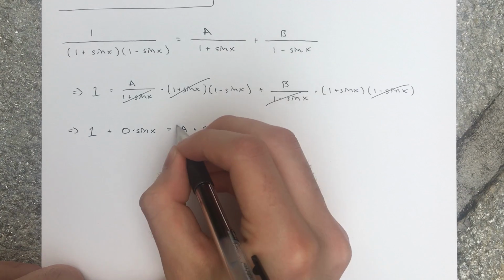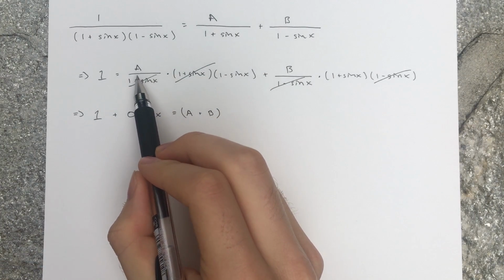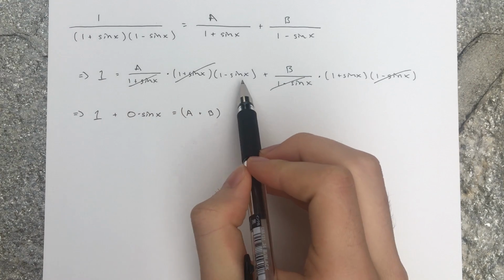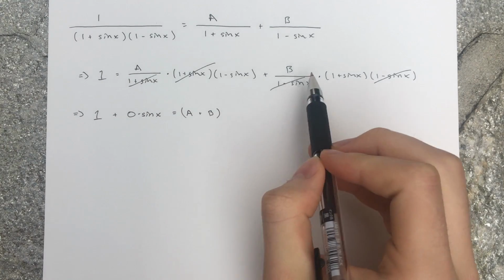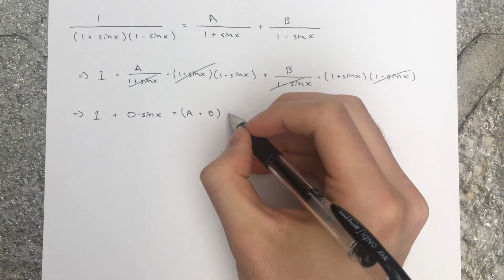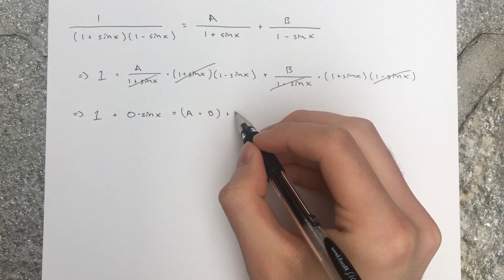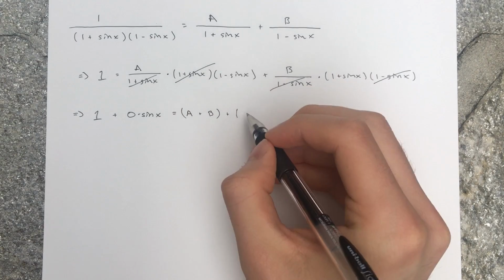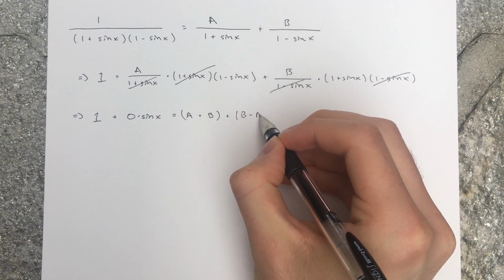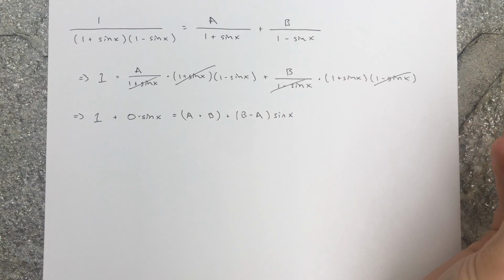So a plus b. And here we're going to get a times minus sine x plus b times sine x. So if we factor that out, there's a sine x in both of them, and we're going to get b minus a, so b minus a sine x.